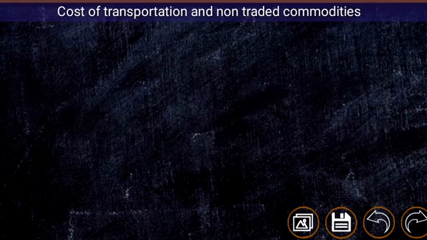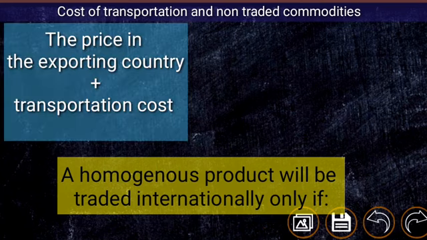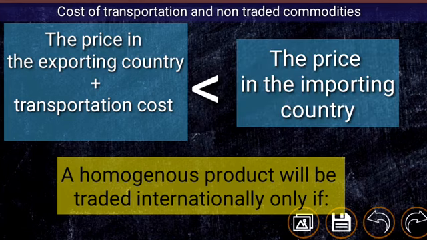And it is also to be noted that a homogeneous product will be traded internationally only if the price in the exporting country plus transportation cost is less than the price in the importing country.